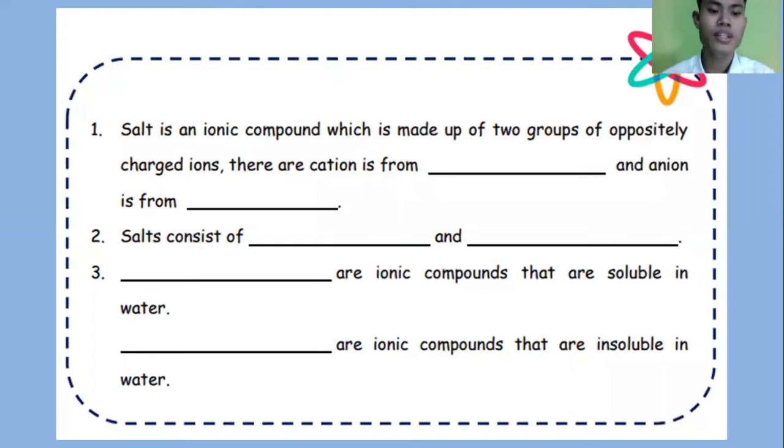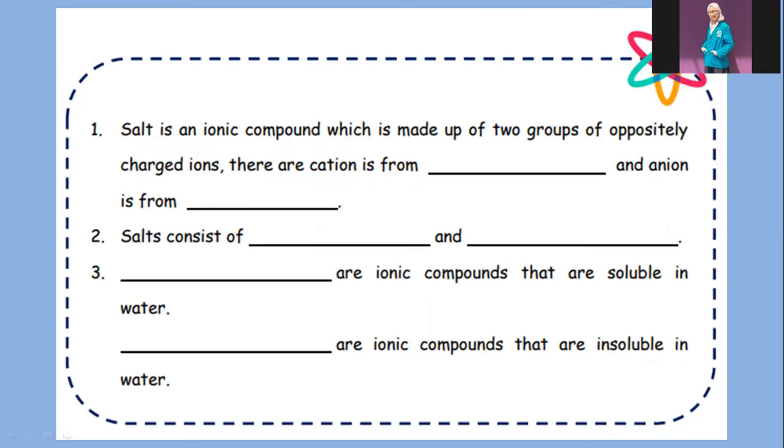Okay, who wants to answer number one and number two? Yes, please, Patrida. Number one, salt is an ionic compound which is made up of two groups of oppositely charged ions.